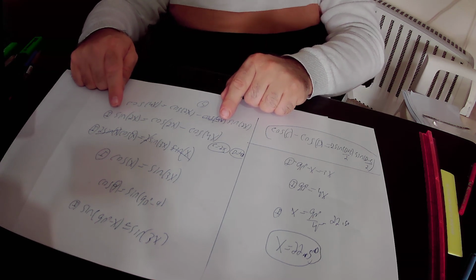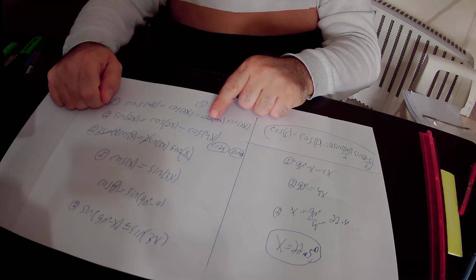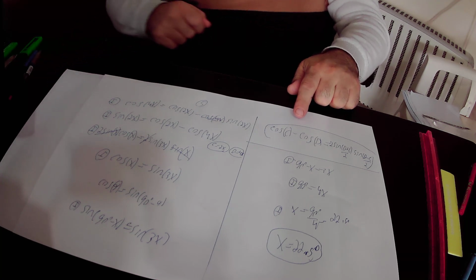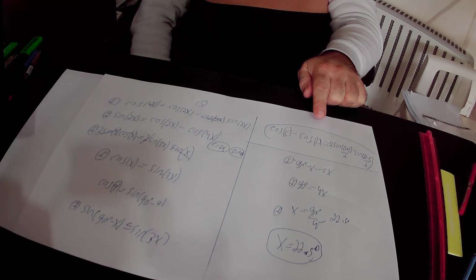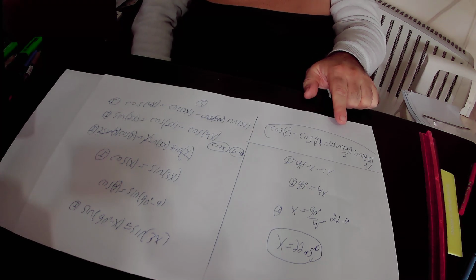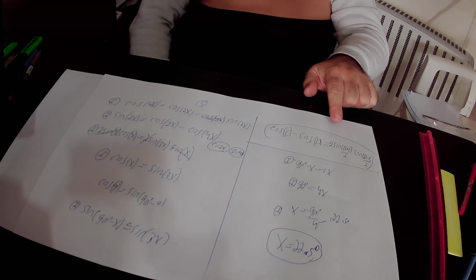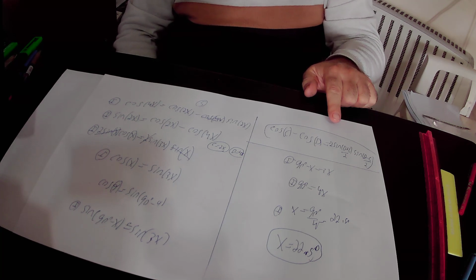2 sine x cosine x, and cosine 2x minus cosine 4x is very similar to the trigonometric identity that cosine C minus cosine D equals 2 sine of C plus D over 2 times sine of D minus C over 2. Here C is 2x and D is 4x.